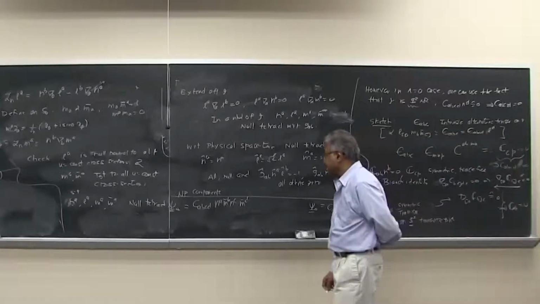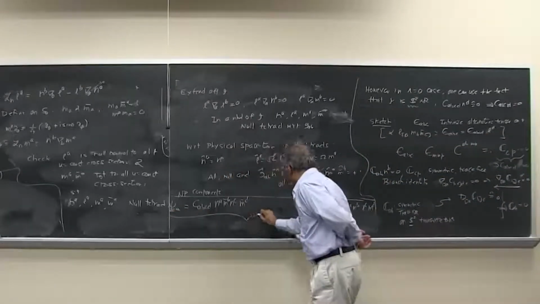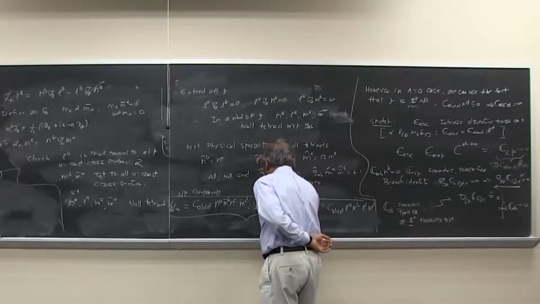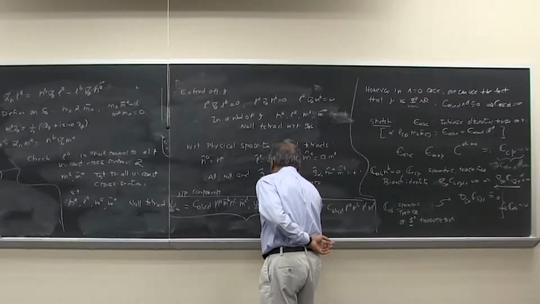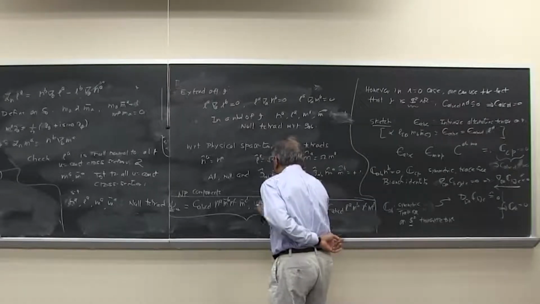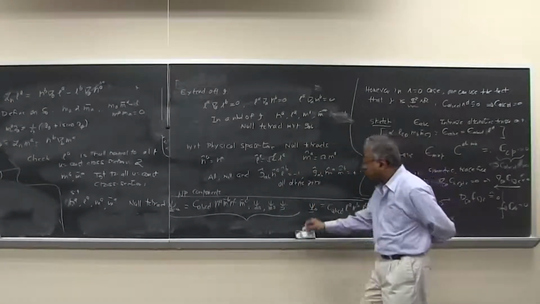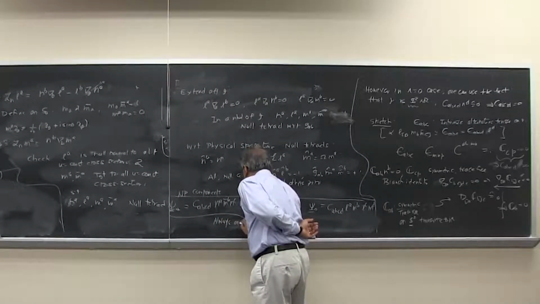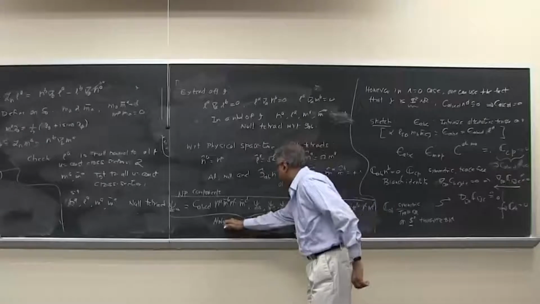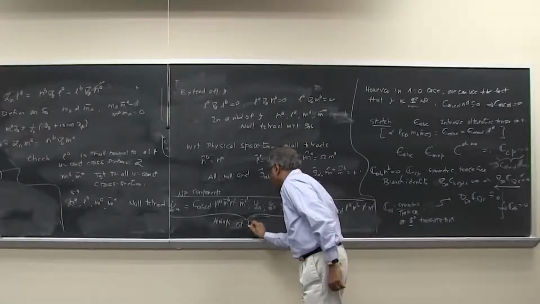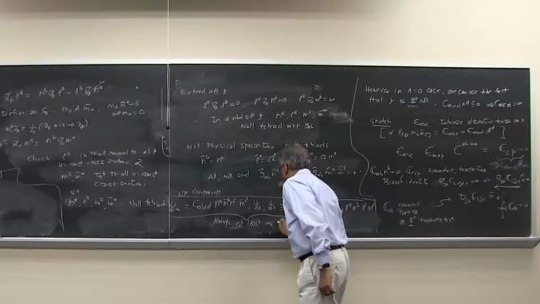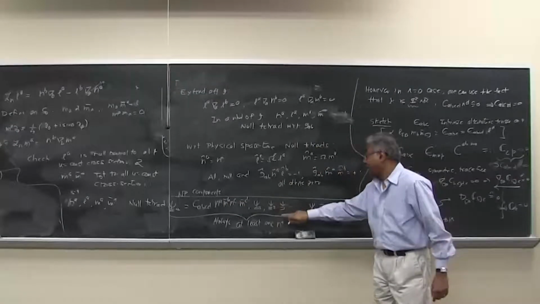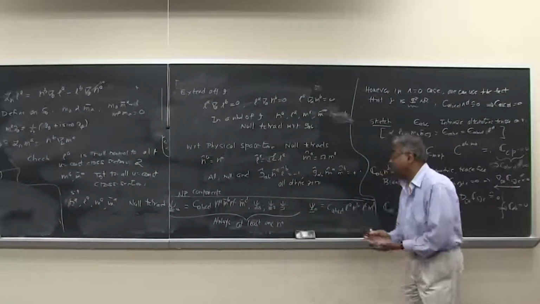Now, what you will find is that if I look at these four components, psi 4, psi 3, psi 2, and psi 1, there is always at least one n. In psi 3 and psi 4, there are 2 n's, and in psi 2 and psi 1, there is one n.